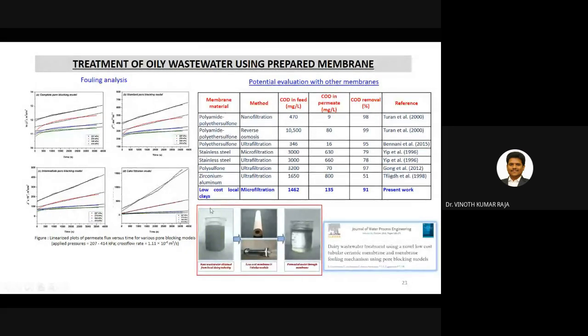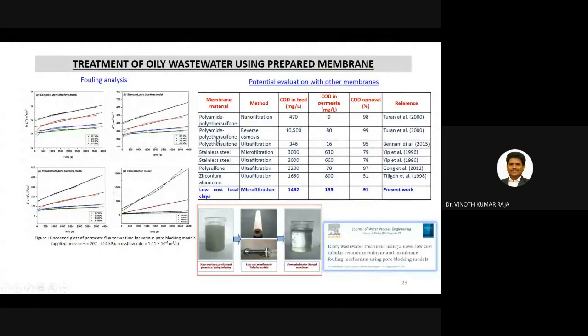So, according to the results obtained in this study, the cake filtration is the best fit for dairy wastewater treatment and contributes to a longer lifespan of the prepared membrane. We have also made a potential evaluation with other membranes that is provided here.